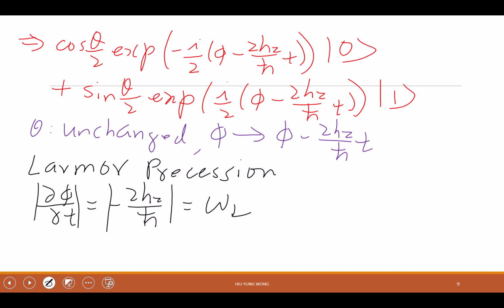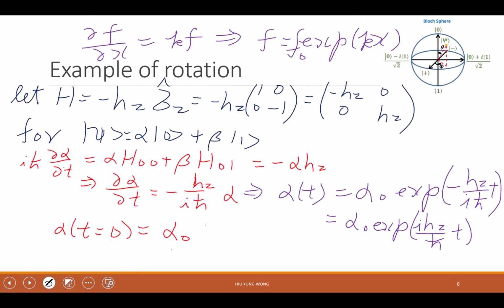So finally, what I want to say is this. If I set the time so that 2 h_z divided by h bar times t equals pi, right? Because now I'm the one who sets up the Hamiltonian. What is h_c? h_c is the Hamiltonian I apply to it.